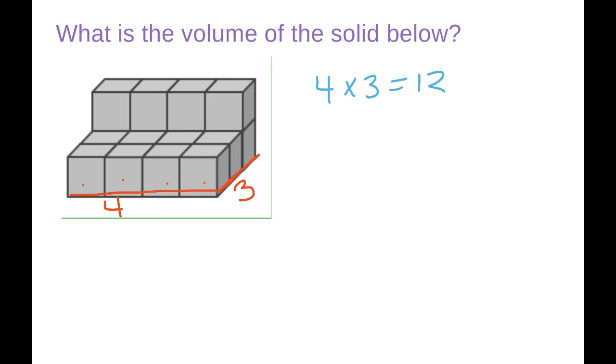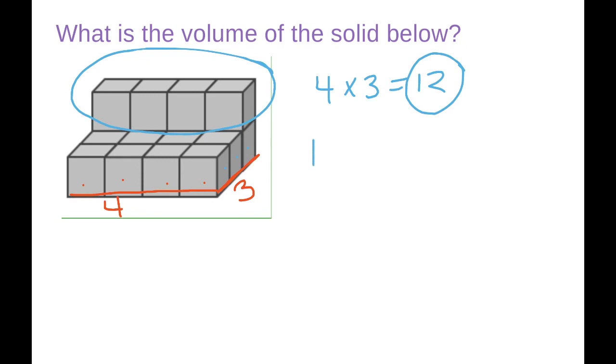Now you might say, wait a minute, I only see 8. Remember, underneath these cubes that are on top, there has to be 4 cubes on the bottom holding it up. So when you calculate the 8 that you see plus the 4 in the back, you'll see that you have 12 cubes.